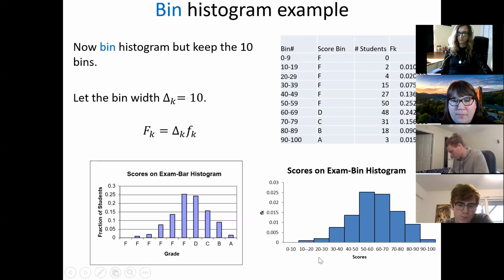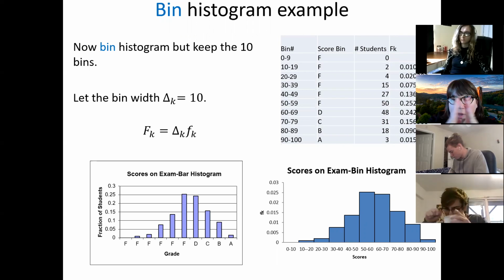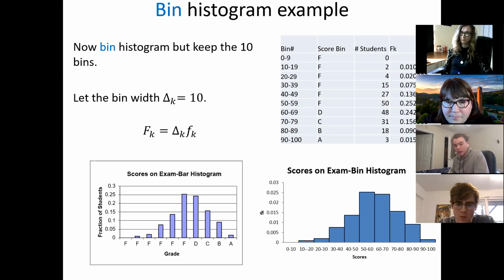And we're going to draw our bin histogram so that the width of the bin is representative of a certain amount of points and not just a number in this category. So the bin histogram doesn't really look that different from the bar histogram if we keep our bins the same as before. The bin histogram looks pretty much like the bar histogram.